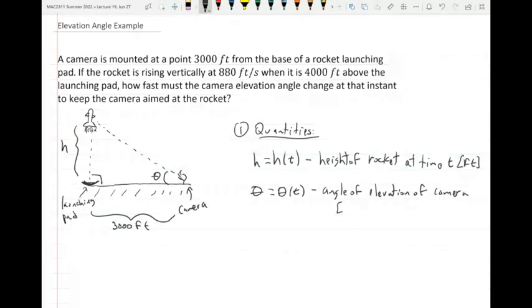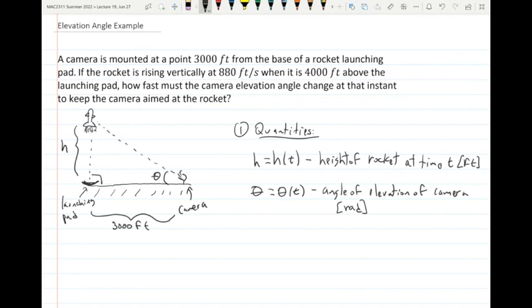Typically in these problems, you want to work with radians, because we are going to be mixing this theta with other things. So you should expect your values here to be in radians. If you want the answer in degrees, it's okay, once you get your answer, just convert to degrees. So let's put radians here.